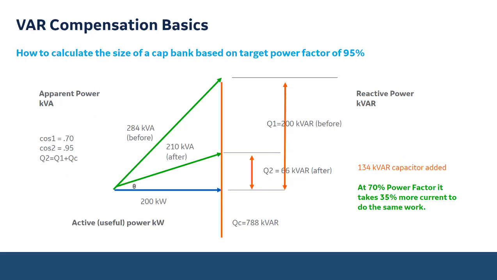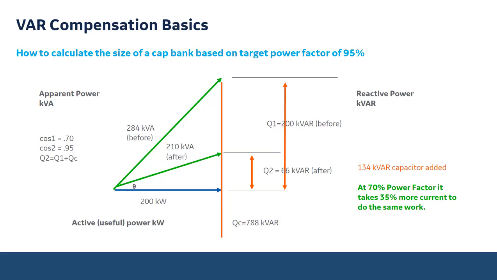So this goes a little more into an example of before and after using capacitors, showing how to calculate the size of a capacitor bank based on a target power factor of 95%. Theoretically you can go up to 100%, but the maximum benefit is right at 95%.